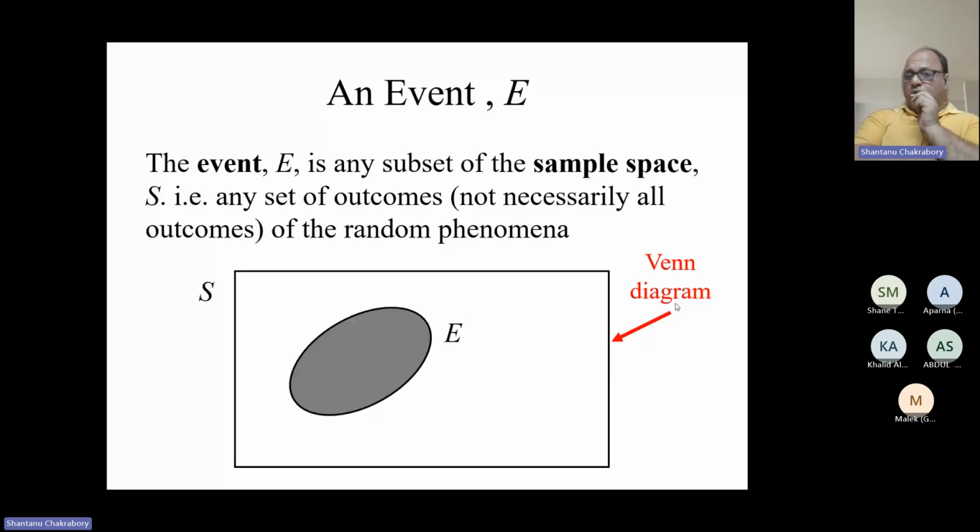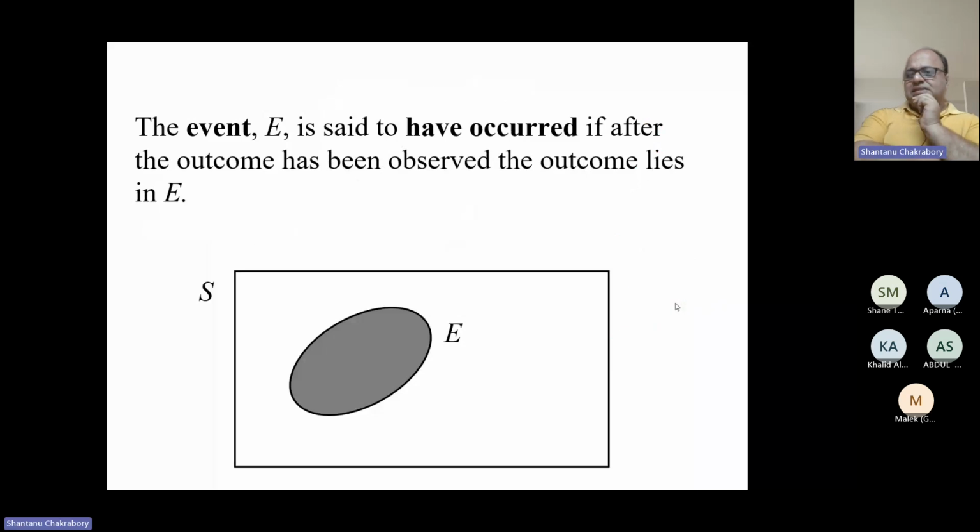Any set of outcomes for a particular random phenomena is said to be an event space. So an event is said to have occurred if the outcome has been observed, that means the outcome lies in a given event.